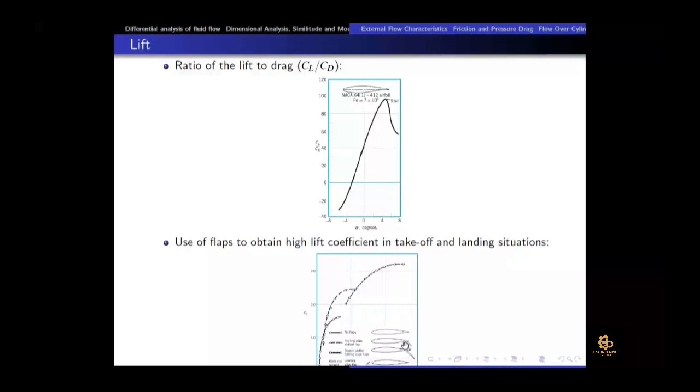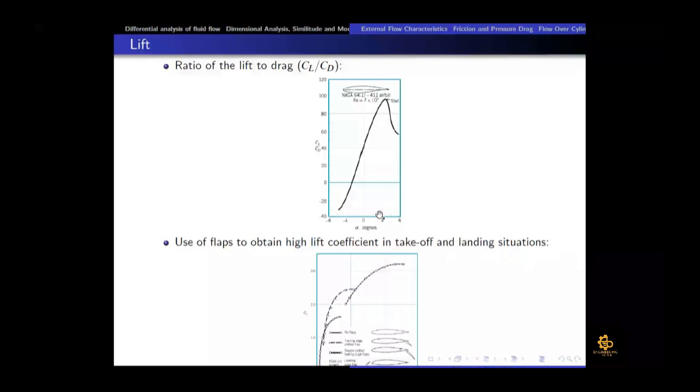So here for the NACA profile, which is given, the number is 4012, I think. You can see that it is CL upon CD, that is the thing we want to maximize, because we want to have maximum lift and minimum CD. For this NACA profile, the optimal angle of attack is 4 degrees. So maybe less than 4, because at 4 degrees there would be a stall.